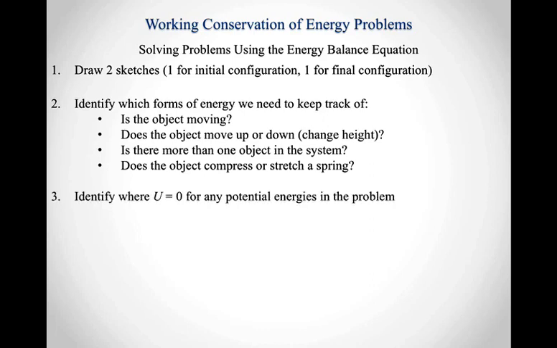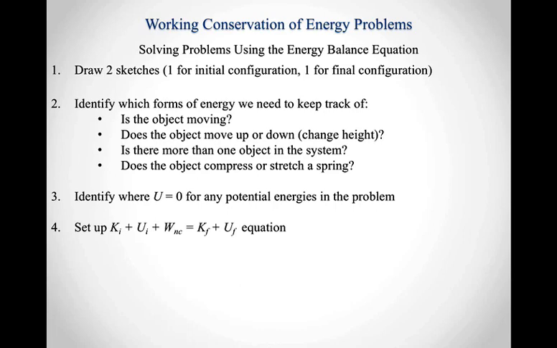So once we've figured out what forms of energy we're going to keep track of, we'll know what potential energies there are, and so we want to identify where those potential energies equal 0. We'll often do this by literally drawing it onto our pictures. Again, we're going to use those pictures to help us keep track of what's going on. This is back to our discussion of energy being really a bookkeeping system, so we're going to use that picture to help us keep track.